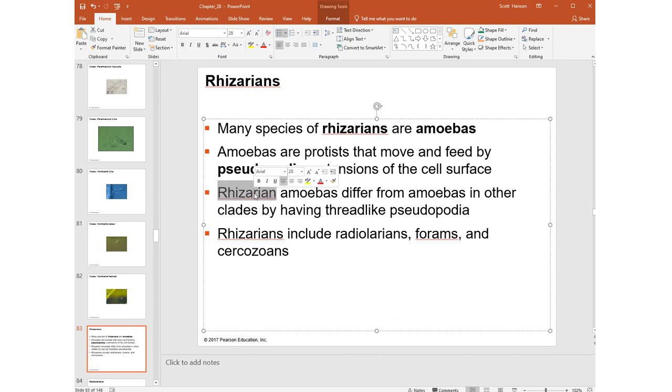Rhizarian amoebas differ from amoebas in other groups because they can have thread-like pseudopodia. And these rhizarians include three different groups: radiolarians, forams, and sometimes they call these foraminiferans rather than forams, and then cercozoans.